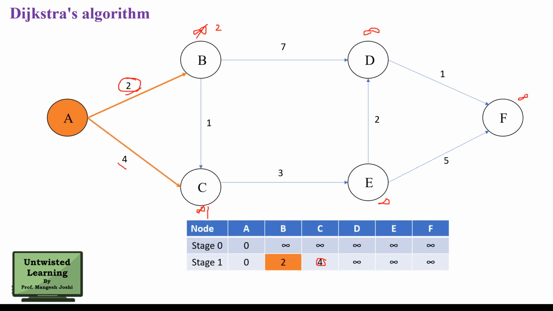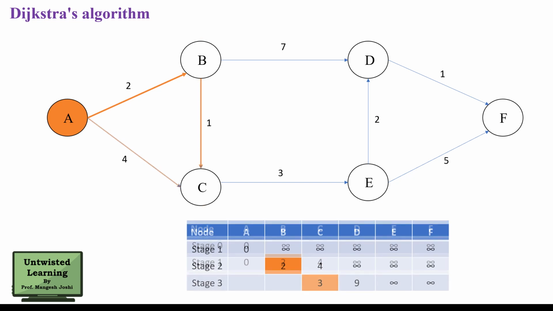It was 2 and it was 4, right? Now we have updated it, that is 2 plus 1, so it will now become 3. So you can see that the value of C in the table is 3.